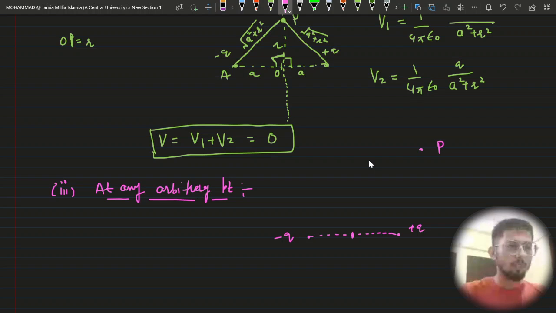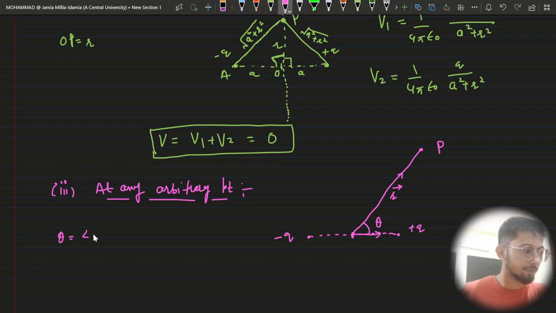So what we do is first we join this middle to this point and call it r. And further we call this angle theta, the angle between the p vector and this r vector. So theta is the angle between p and r.